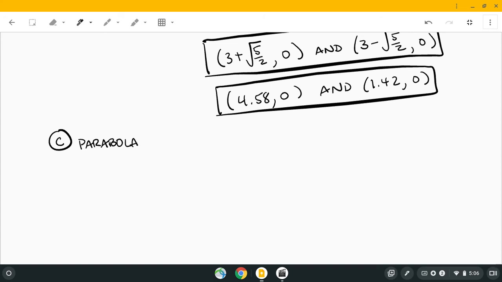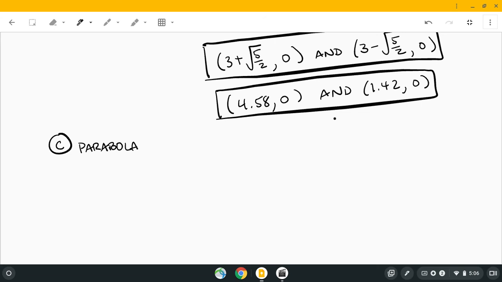And we know that it's going to open upwards because, here, let me write down what we originally have so that you can see. So this is what we have. 2(x minus 3) squared minus 5. Okay, so we know it's a parabola, and we know that it opens upward because a is positive. When this is negative, that's when it reflects over the x-axis. Okay, so we know all of this so far.